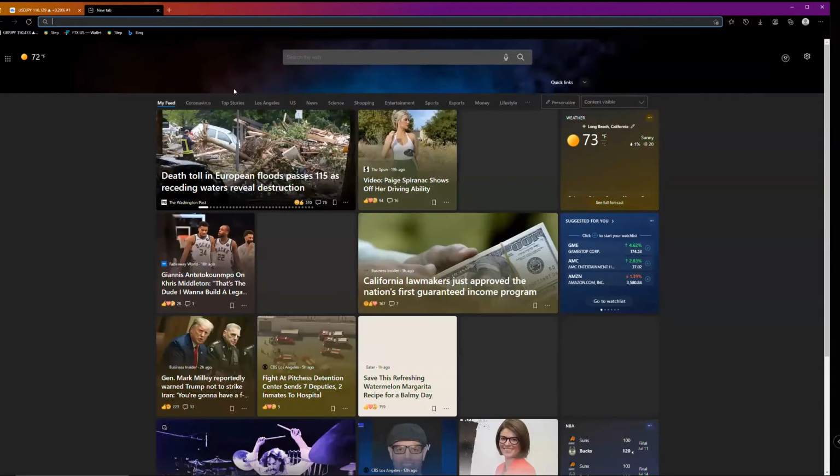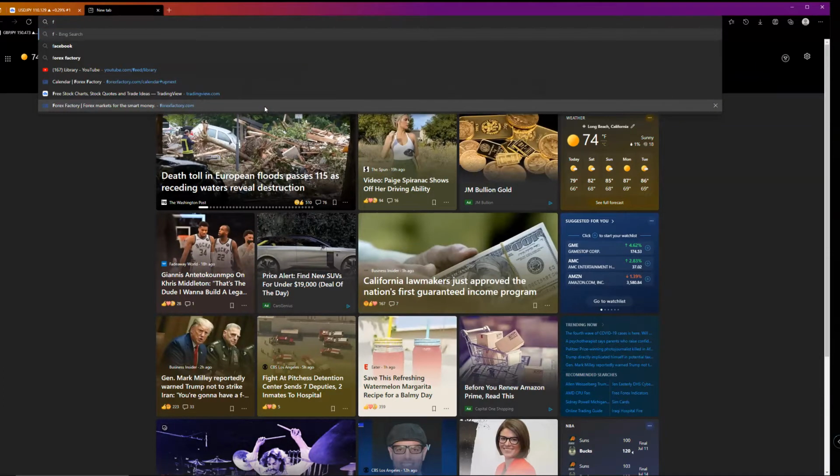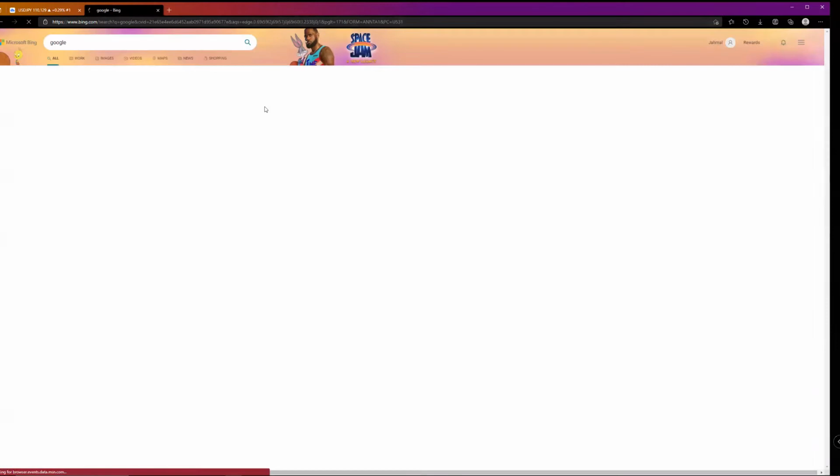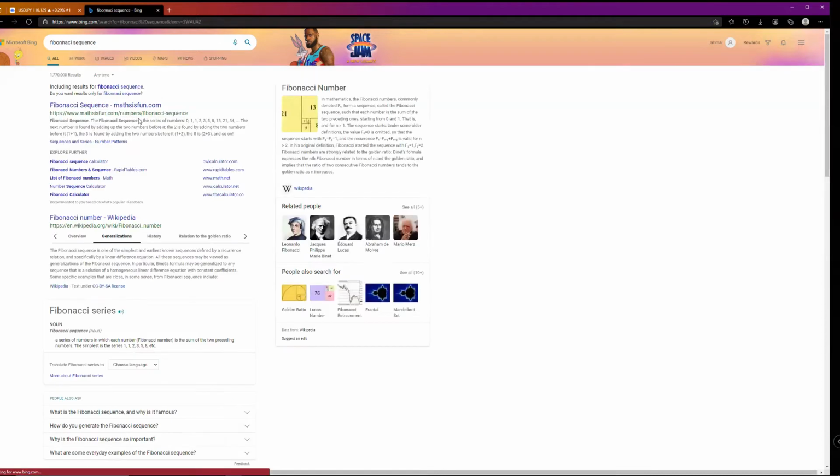Before I even go into the actual Fibonacci sequence, let me just go on Google real quick so I can show you something. Fibonacci sequence, Math Is Fun.